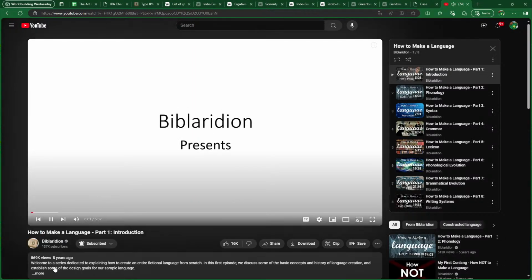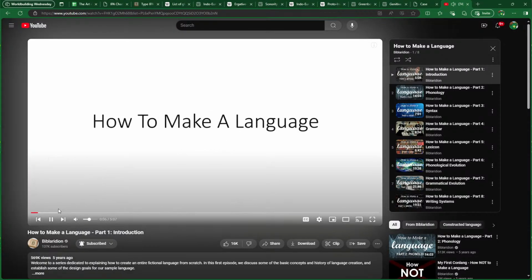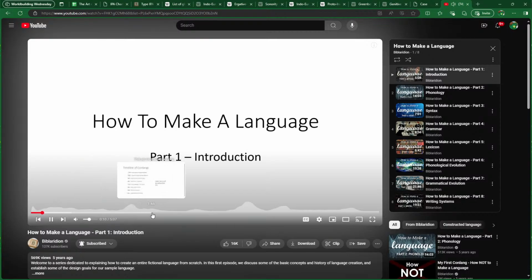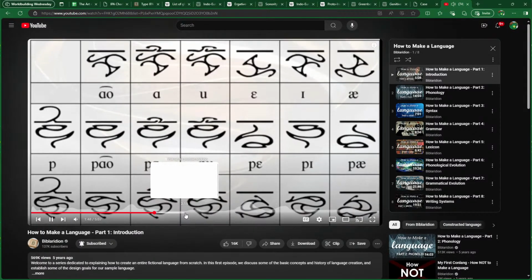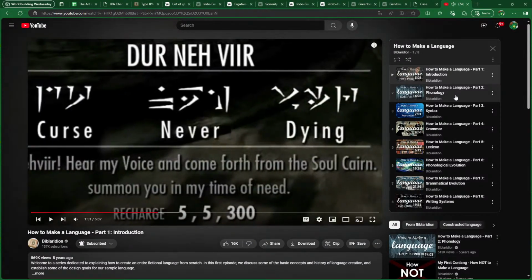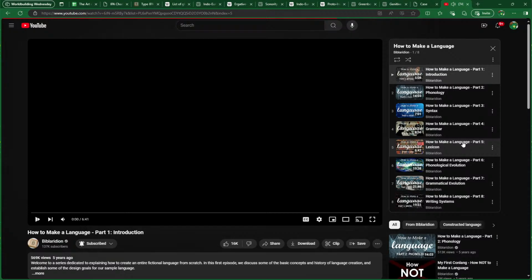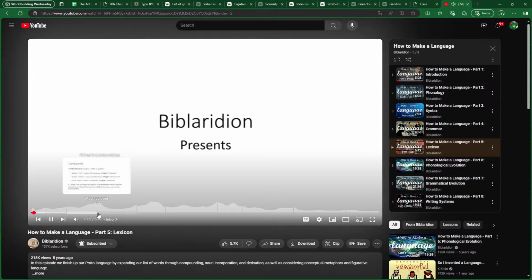How to make a language. In recent years, it's become more and more popular for fictional universes to feature fictional languages, more and more accepted for conlangs to be incorporated into films, TV shows, games. Introduction. Part 2. Phonology, syntax, grammar, lexicon. This is what we're looking for. We've got word order.